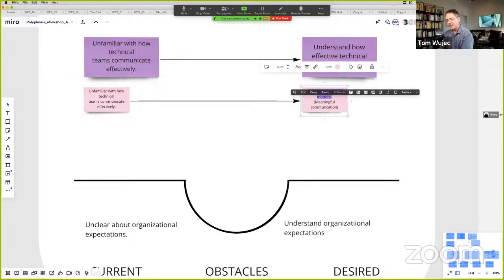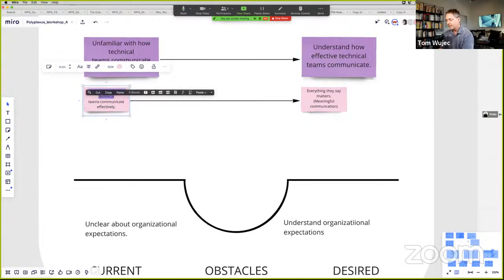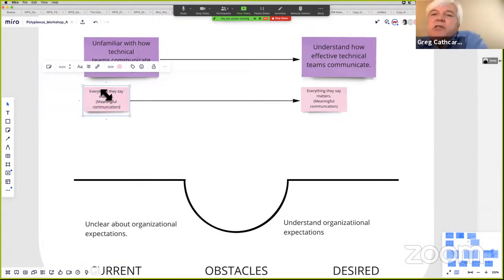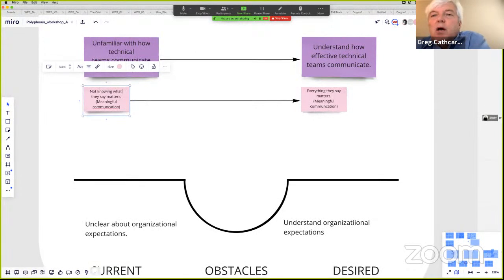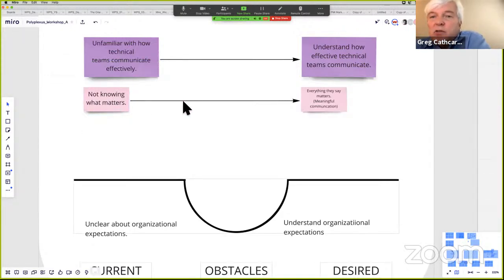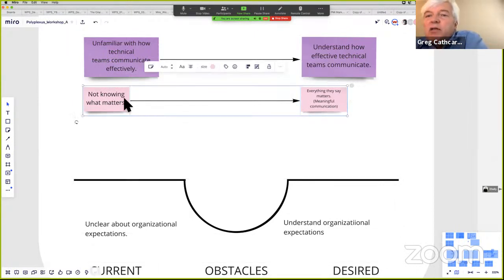So what would you say is the current state? Well, the current state is just not understanding what matters when they communicate with a team, and without really knowing how to discuss which activities are important for the team, how to discuss specialized knowledge that the person may have that's important for the team.